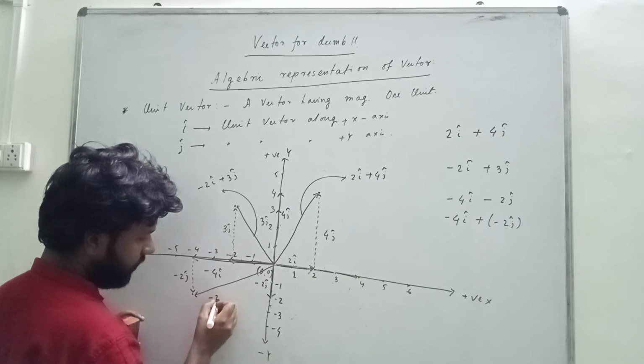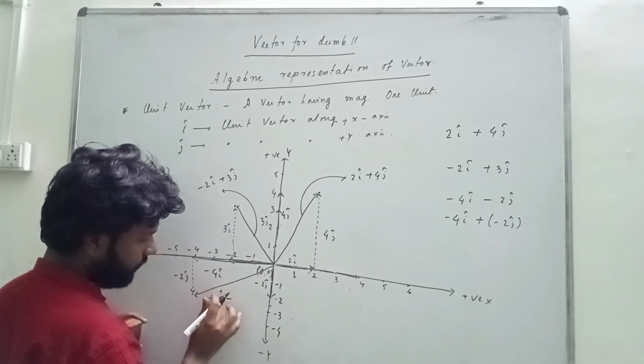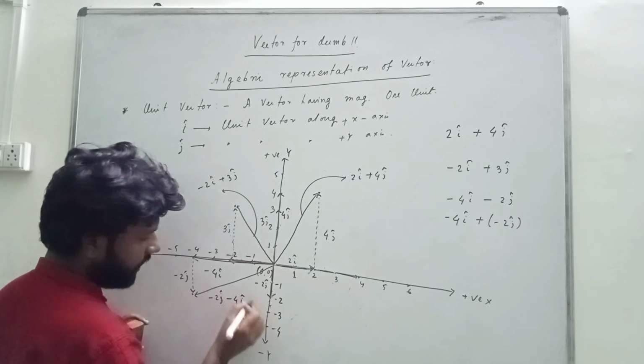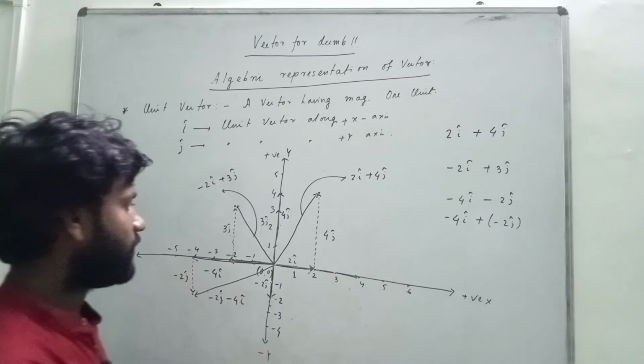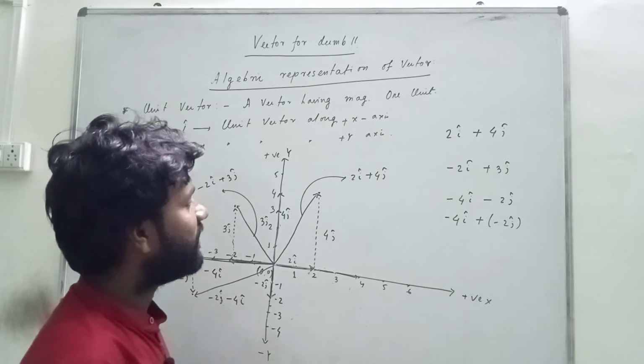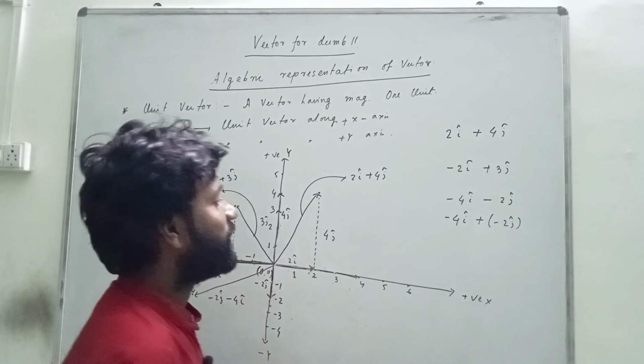So this is a minus 2j cap with a minus 4i cap. So it is our addition or subtraction of two vectors in our algebraic representation, right?